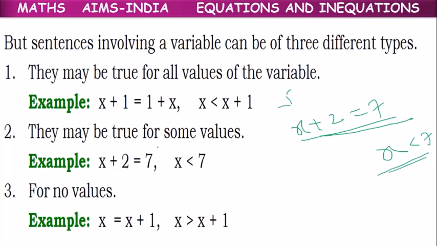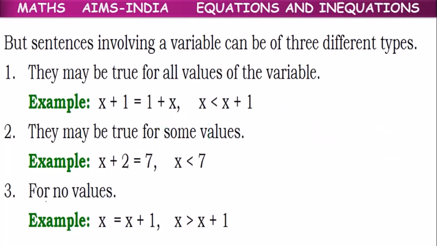Means only for some values like 5, only for this value it is true. So like that we can have sentences which are true only for some values, and which are true for no values.